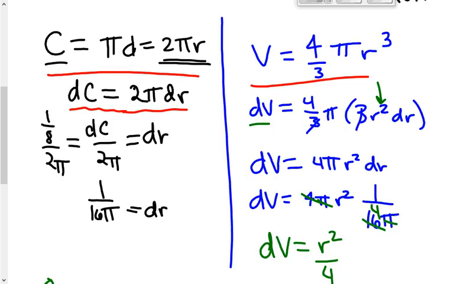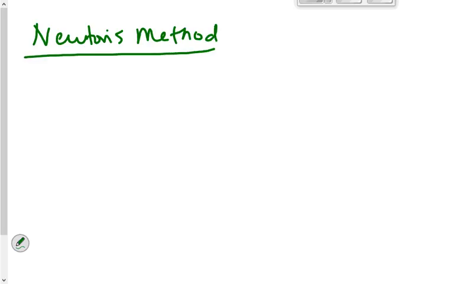Okay, so we've got another final application of linearization, which is going to be Newton's method. And the purpose of Newton's method is to find the zeros of a function by using an approximation or a guess, and then an iteration, which means that we repeat the step over and over and over again until the results that we get converge on a single answer.